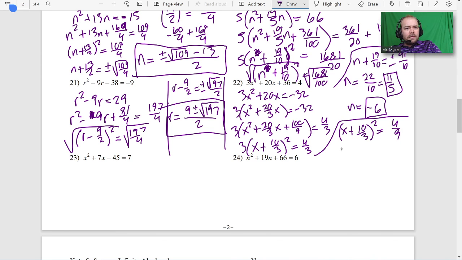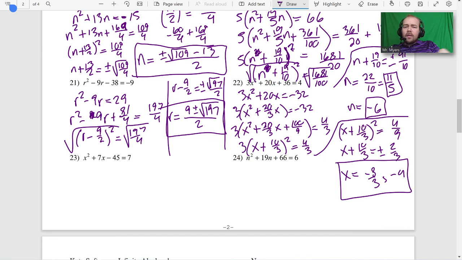That's going to have a square root. x plus 10 thirds equals plus or minus 2 thirds. And then x is going to equal 2, so we have to subtract 10 thirds. 2 minus 10 is negative 8 thirds. And then negative 2 thirds minus 10 thirds would be negative 12 thirds, which is negative 4. Whew. Okay, we're almost done.